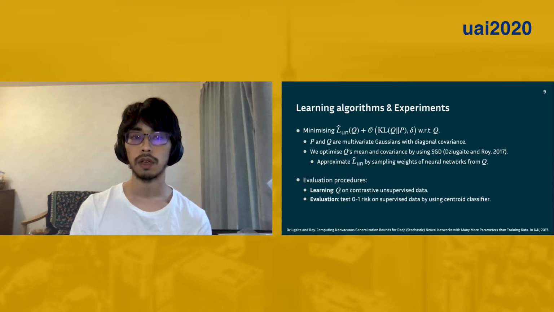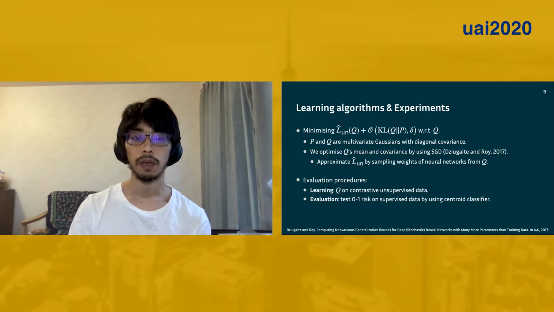That means feature extractor weights are sampled from a Gaussian. So we optimize Q's mean and covariance by using SGD, following Guedj and Roy's method. At each iteration, we approximate L hat by sampling weights of the neural network from Q. And thanks to the Gaussian, the KL divergence has a closed form.